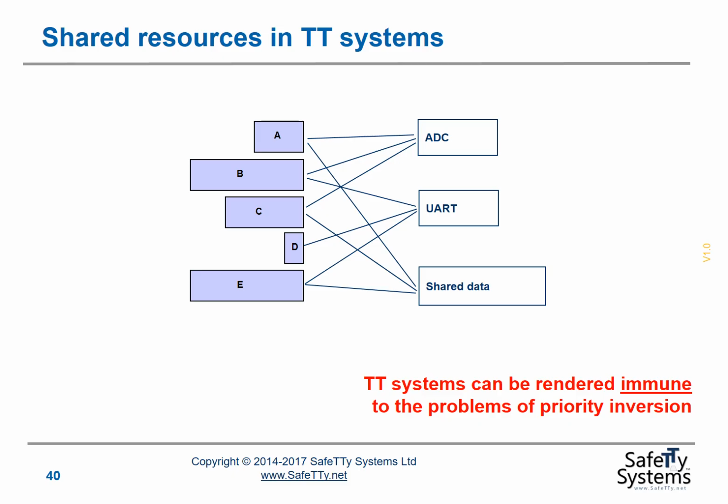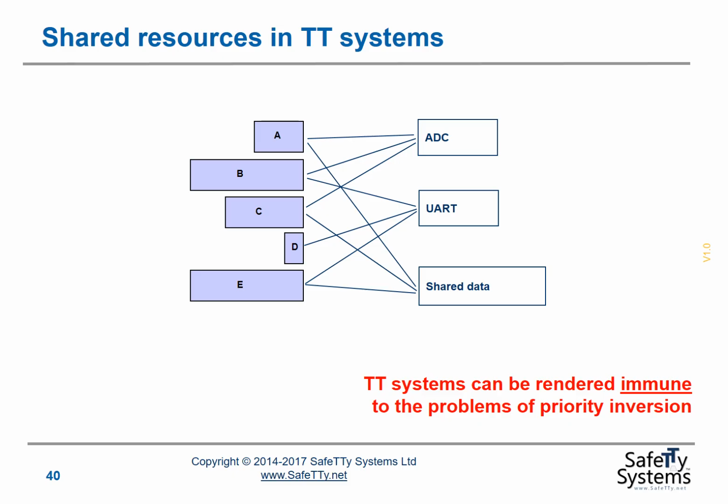We have to use priority ceiling protocols and similar mechanisms to take control of priority inversion. But even with those, we cannot completely remove the problems of priority inversion from any system in which tasks can be released at random points in time.